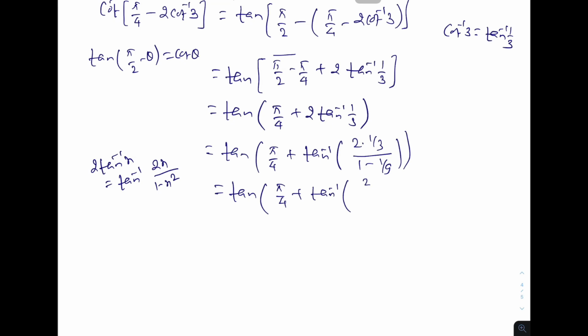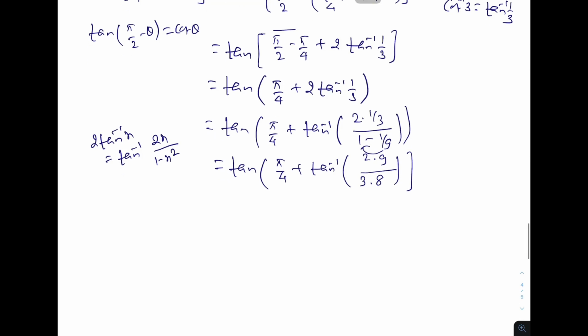Now this is 2 into 9 over 3, and this is 9 minus 1, 8. Okay, so tan of pi by 4 plus tan inverse, now this is 3, this is a 4, so this is 3 by 4.